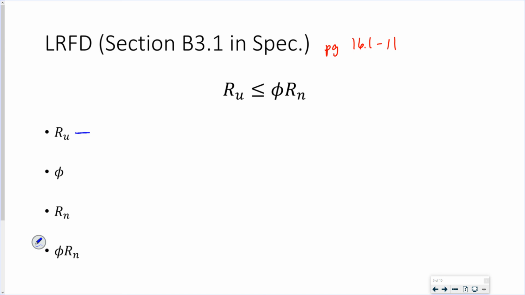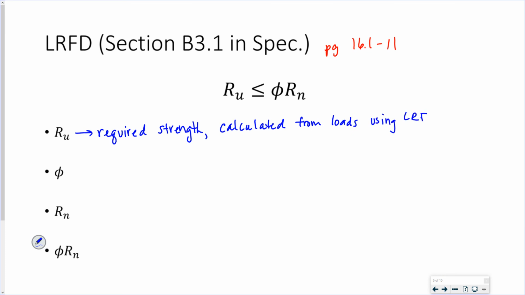So we have some type of required strength, Ru, that you calculated from your loads using LRFD load combinations.